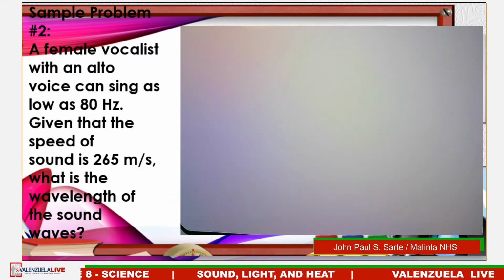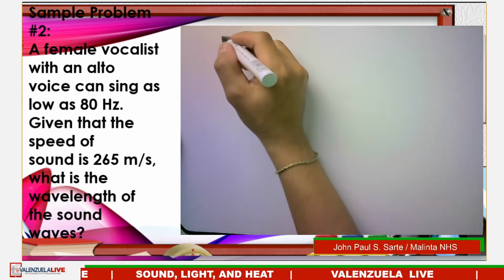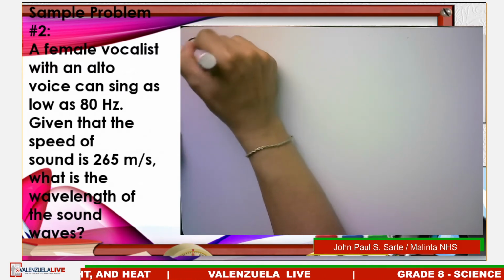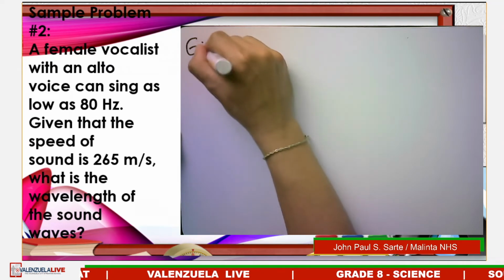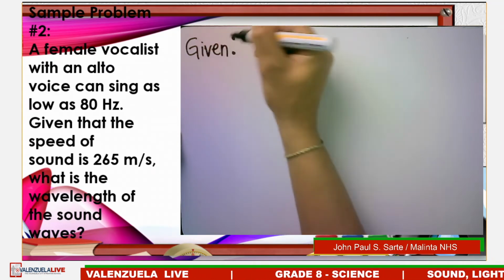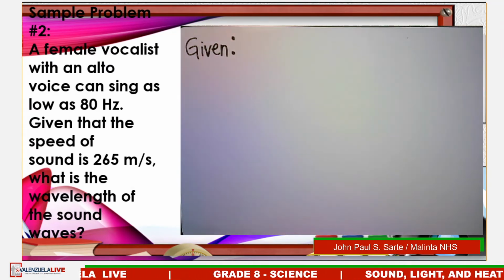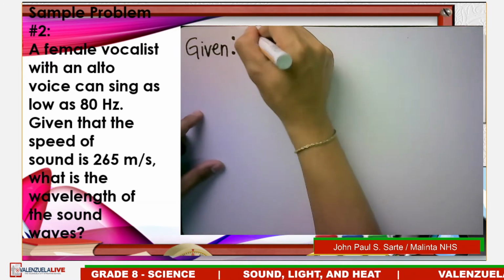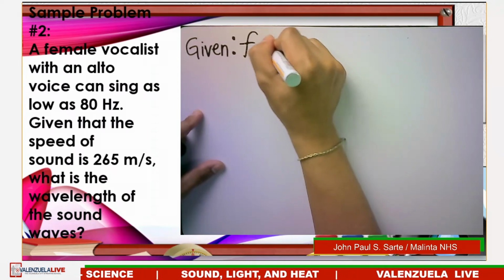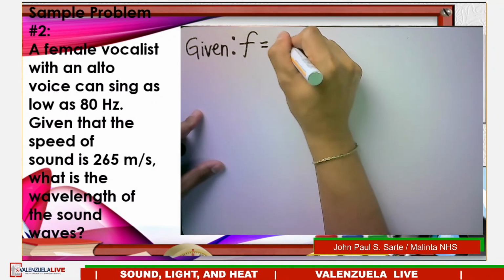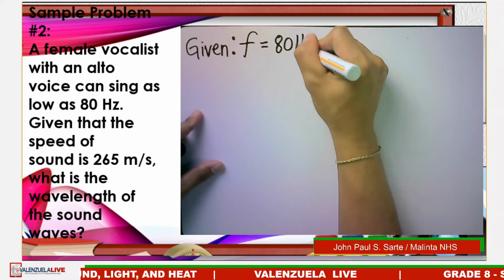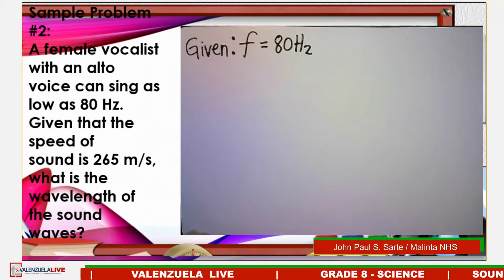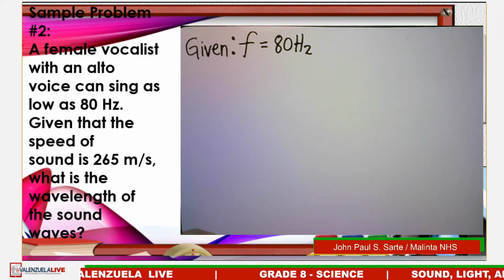So here, we need to use again the GUFS method. We need to use the given. Okay? So for the given, we have here, actually, that is frequency. Frequency is equal to 80 hertz. Next, another given, class.